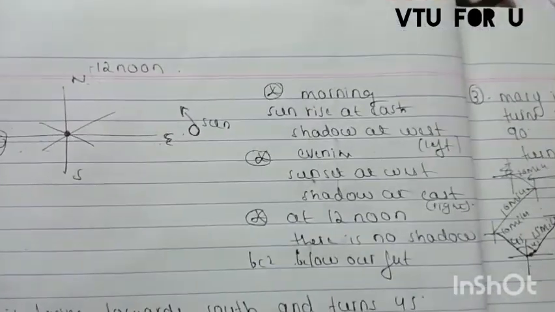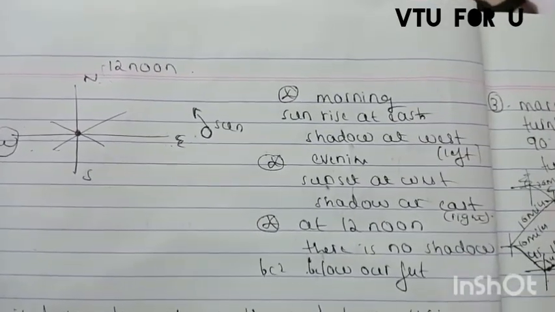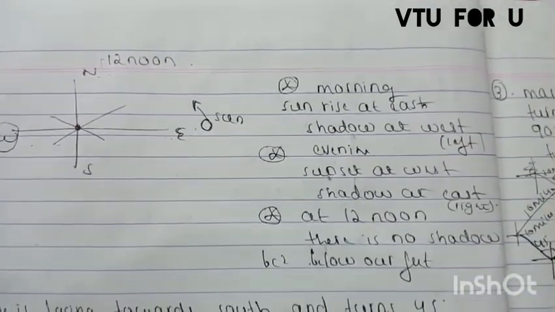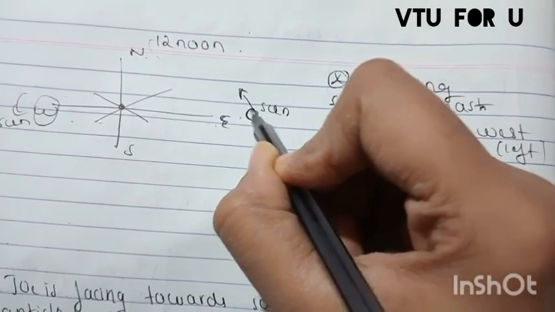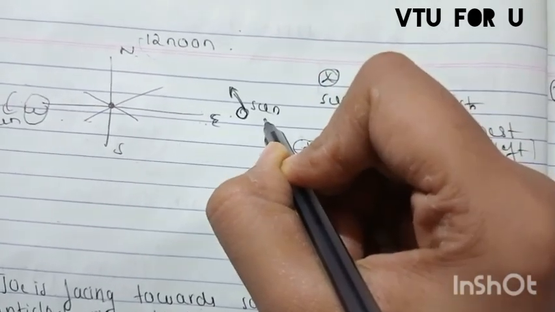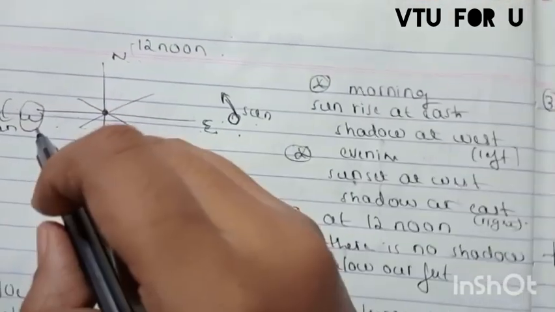As I said earlier, the sun rises in the east whereas sunset happens in the west. Now I am explaining something very important, and most of the questions will be based on this. This is the sun which is rising in the east, but its shadow will be falling on the west side.